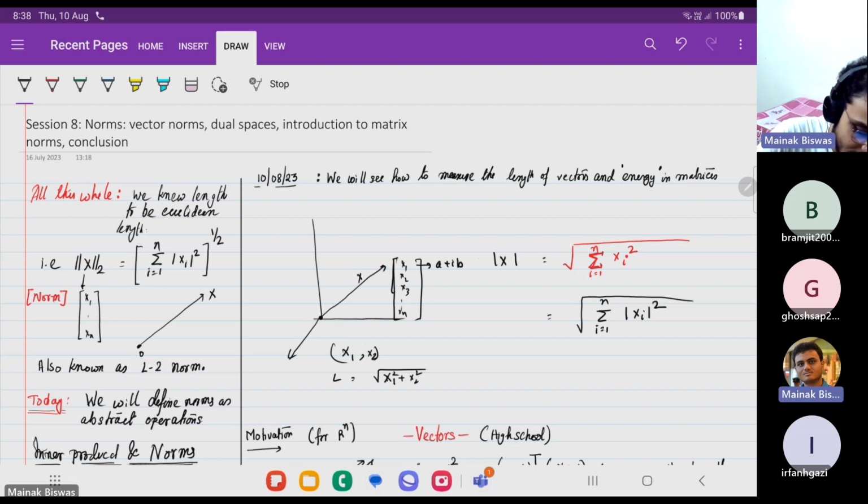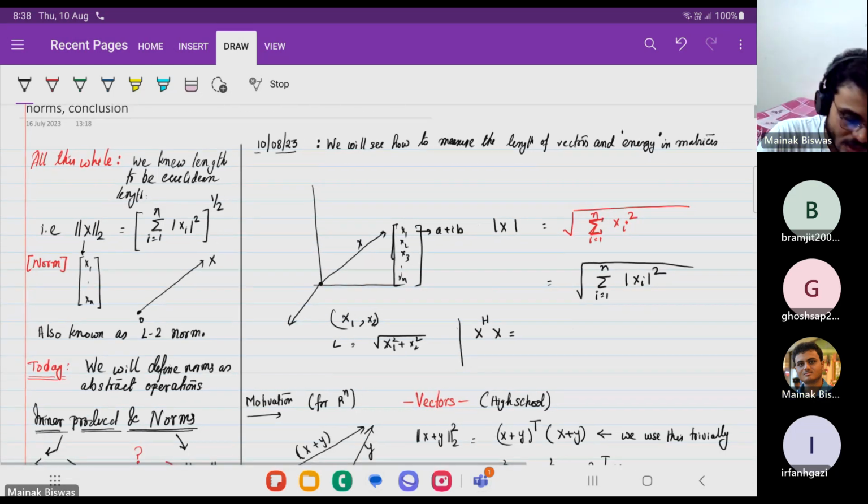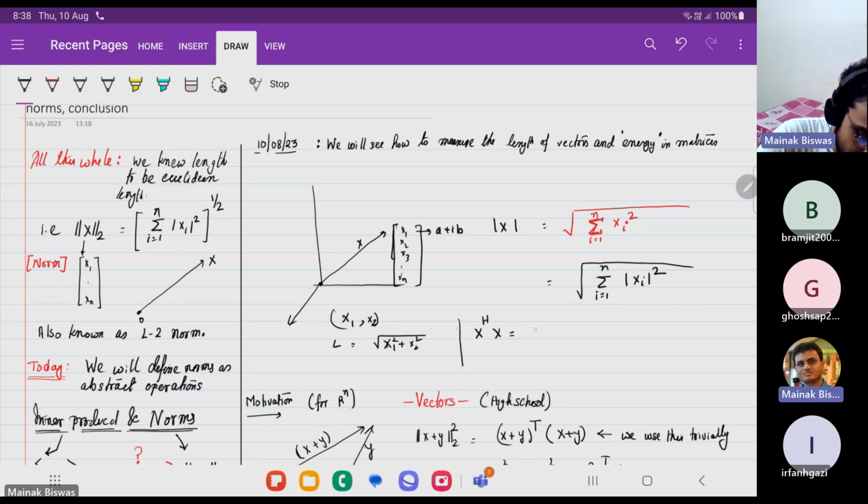Do you also see that if you write x transpose x, or let's write x Hermitian x, as we have discussed all this while, which for the general case is transpose and then taking the complex conjugate. So what will it be? It's x1 conjugate, x2 conjugate, x3 conjugate, dot dot dot xn conjugate, times x1, x2, dot dot dot xn, right?